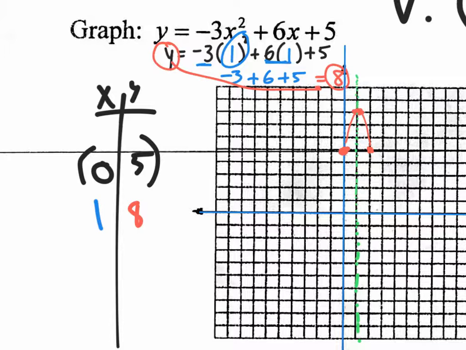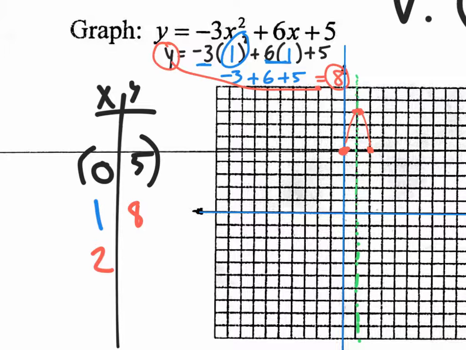Would it be smart to plug in a 2? No. You know why? Because if you plug in a 2, yeah, you can plug it in and do the math, but guess what answer you're going to get? You're going to get 5 as an answer. Now, how do I know that? Because I already reflected it over here. So if I did go 2 on the x and 5 on the y, that's where I'd end up.